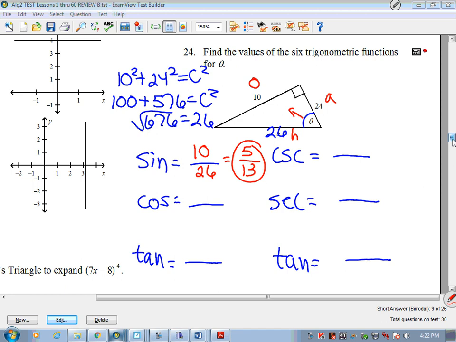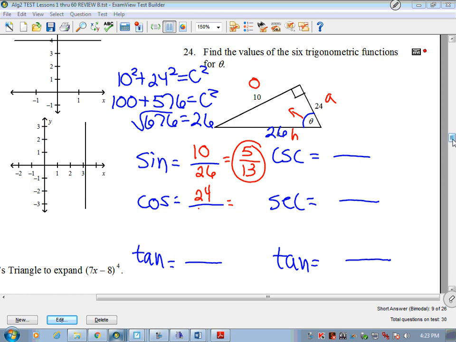Let's see, with cosine, we're doing 24 over 10, which should reduce. We can divide both those by 2 and get 12 fifths. Oh, I'm sorry, I already messed up.